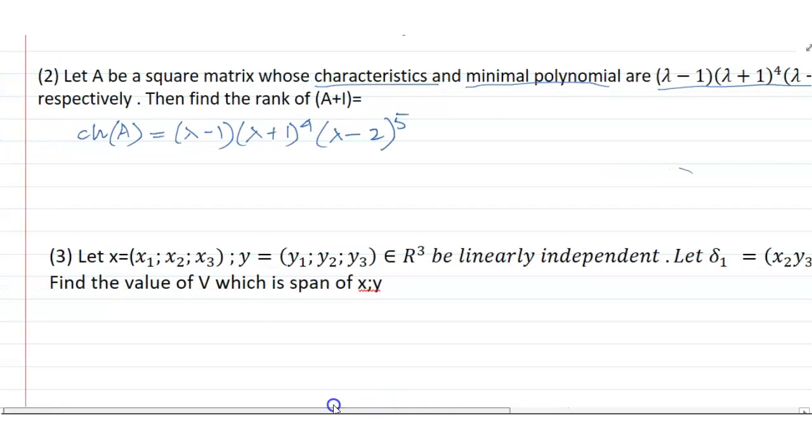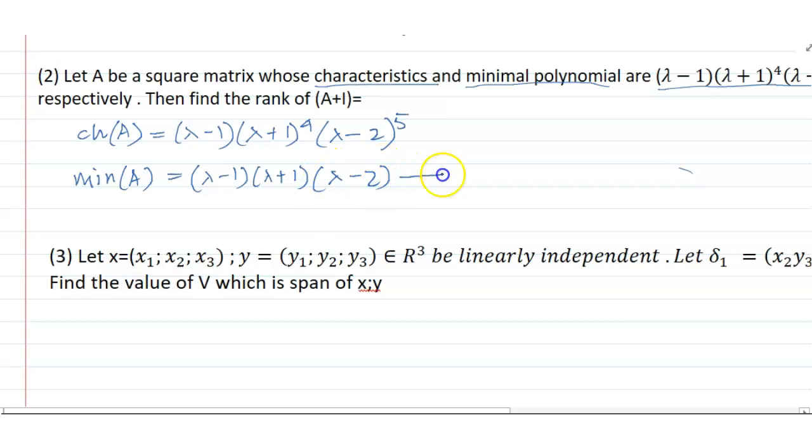This is the characteristic polynomial, and another is the minimal polynomial. So min A equals (lambda -1)(lambda plus 1)(lambda -2).